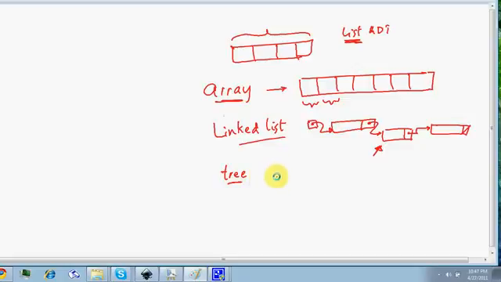The next is a tree, for example. A tree is a very interesting data structure. It's a little bit more complicated than a linked list, but it's an awesome data structure. A lot of the time, you have data in a tree structure, right?